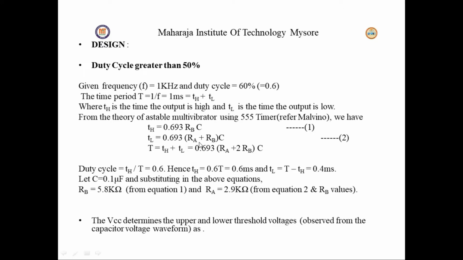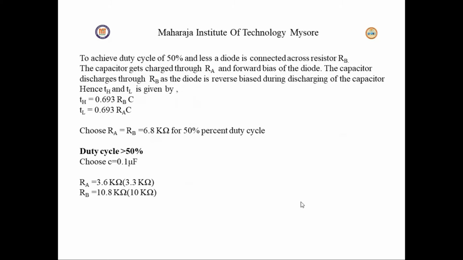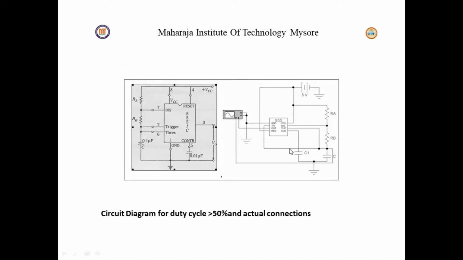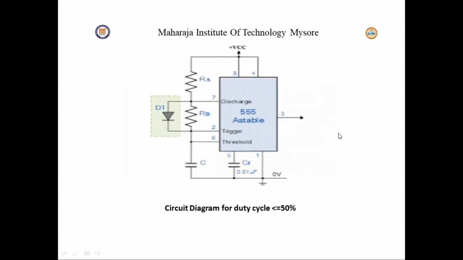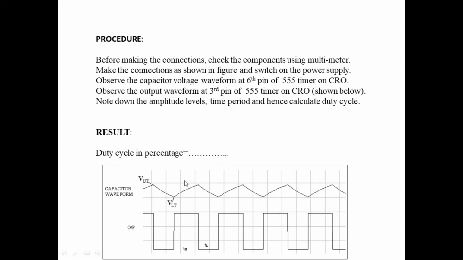from equation 2. So the VCC determines the upper and lower threshold voltages. By taking the values of RA and RB into the circuit, we will get a waveform generation like this.